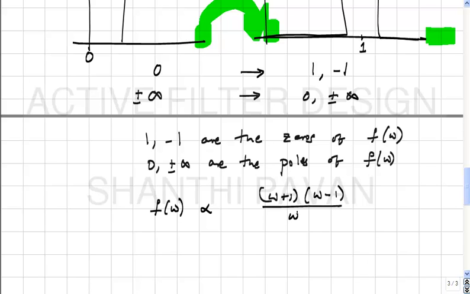This still doesn't mean that the network will be physically realizable, but it must look like this. There could be other factors which don't have real zeros and real poles, but at least omega minus 1 into omega plus 1, which is omega square minus 1 by omega, must be a factor of f of omega. Does this make sense? Okay.